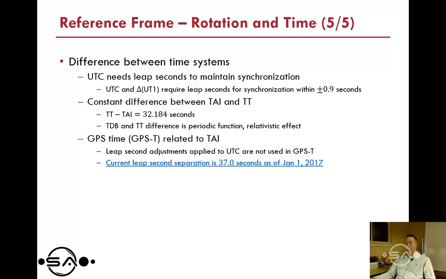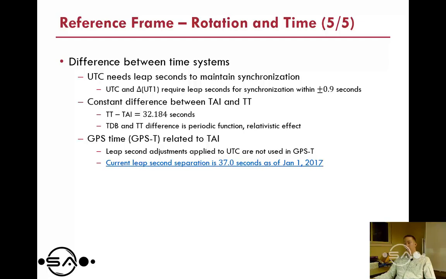The International Atomic Time doesn't take this into account, and between terrestrial time or terrestrial dynamical time, it's a simple separation of seconds. In other words, in this case, having international atomic time subtracted from terrestrial time is 32.184 seconds, whereas the barycentric and terrestrial time difference is a periodic function, basically from relativistic effects.